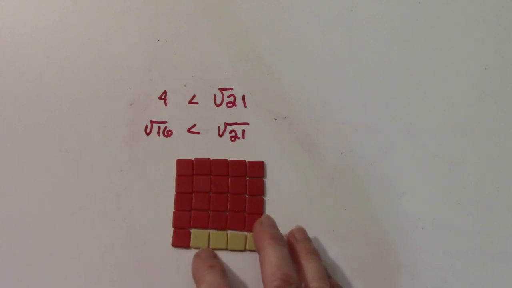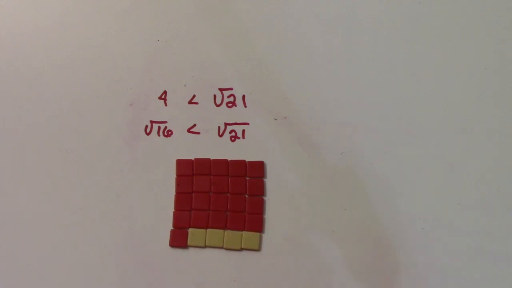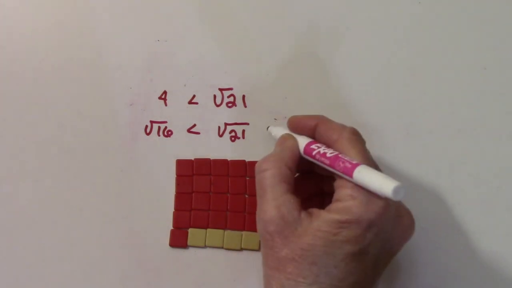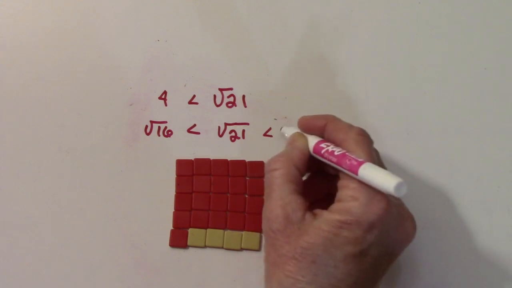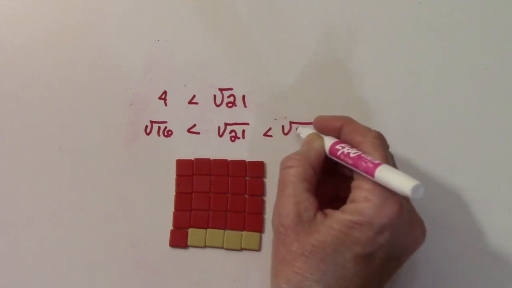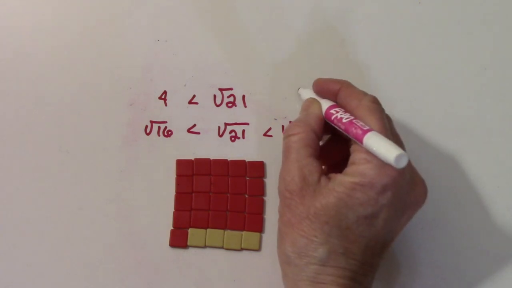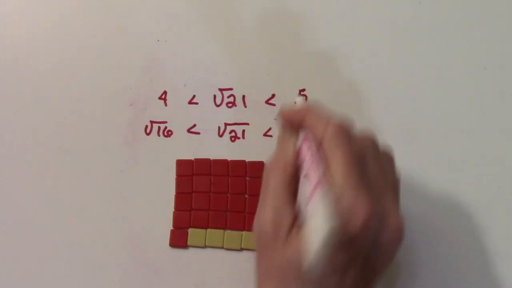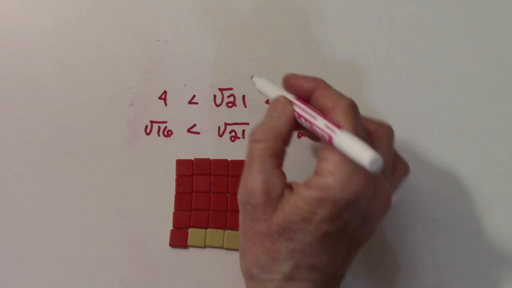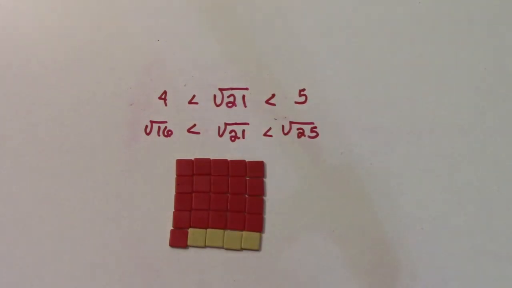So I added 4 more tiles, and now I have a perfect square, and the perfect square has an area of 25, and the length of the side is 5. So I know that the square root of 21 is between 4 and 5.